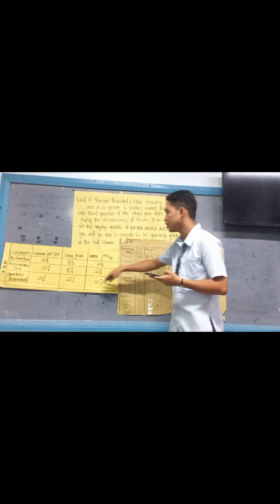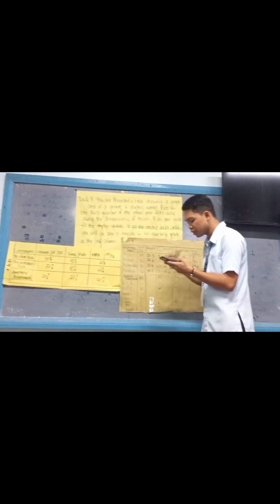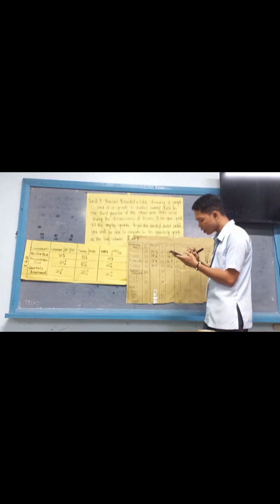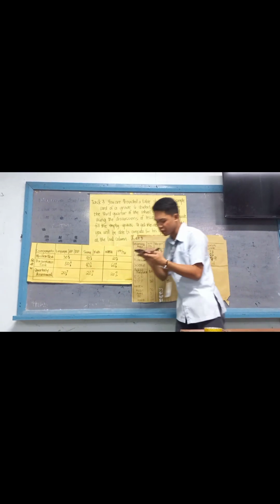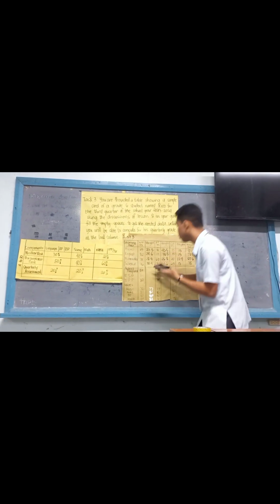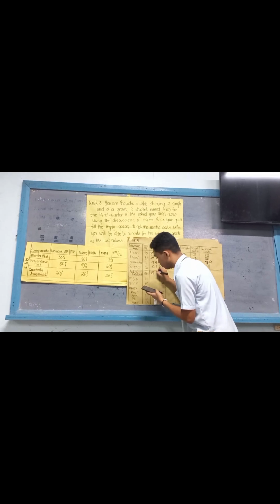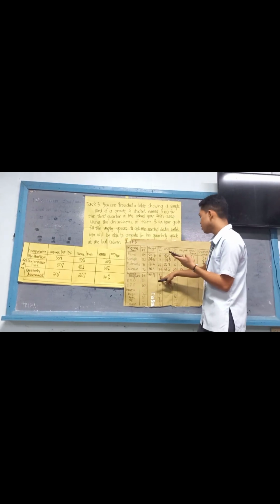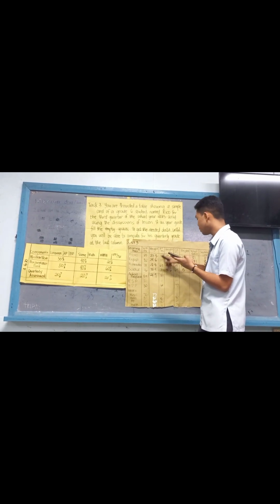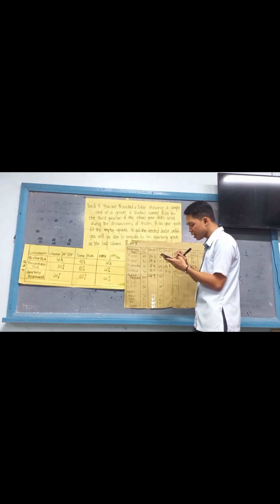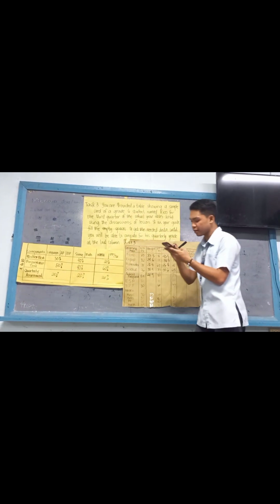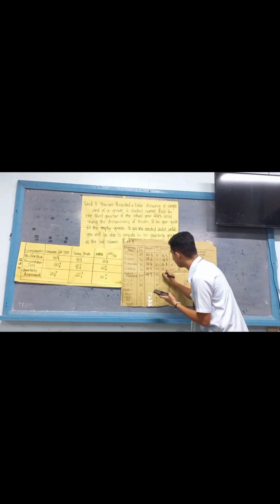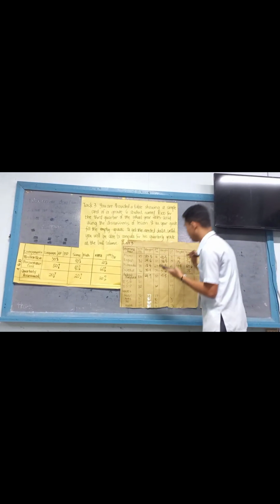So let's proceed to the Araling Panlipunan. So Araling Panlipunan, so 83 times written works 30% equals to 24.9. So in the performance task, 83 times 50% is equals to 41.5.